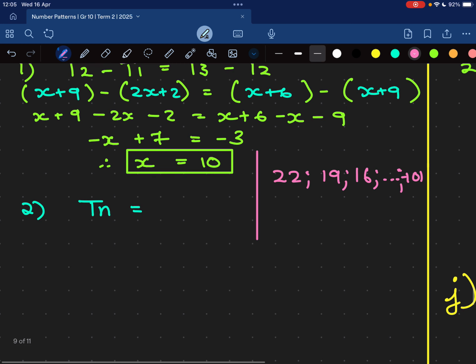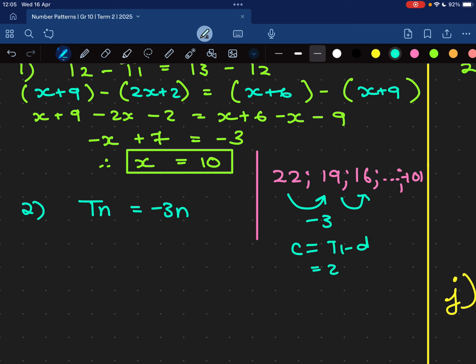So the common difference here is minus 3. So Tn is minus 3n, and the c value, which is T1 minus d, is going to be 22 minus negative 3, sorry, which is going to be 25. So it'll be plus 25.